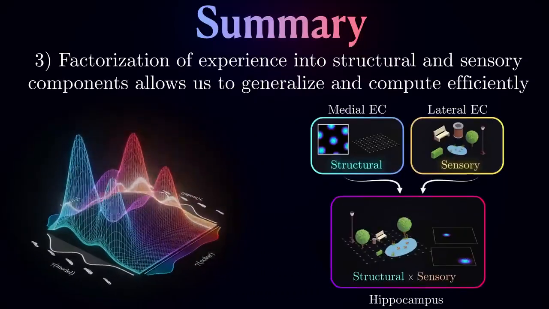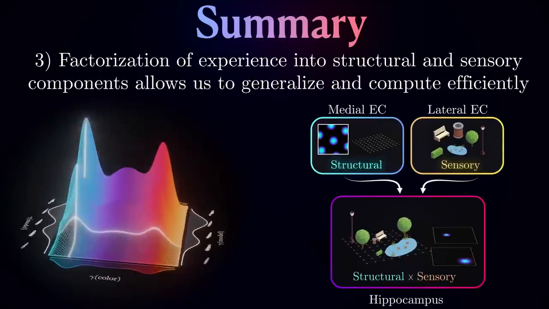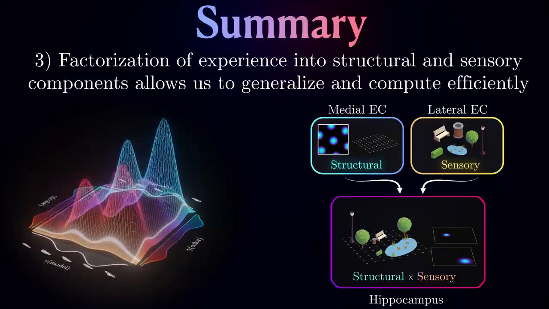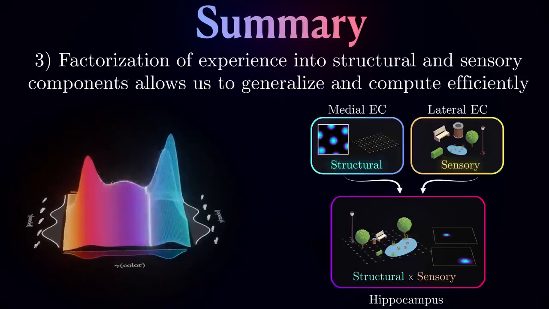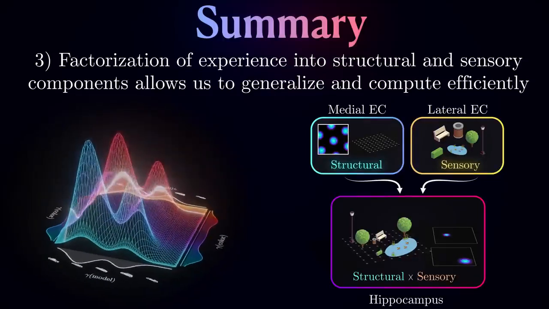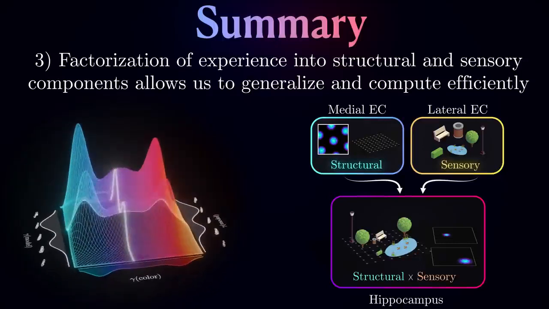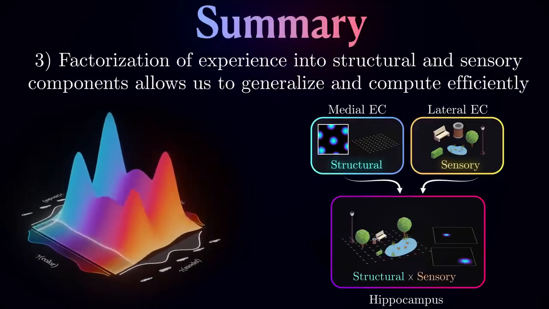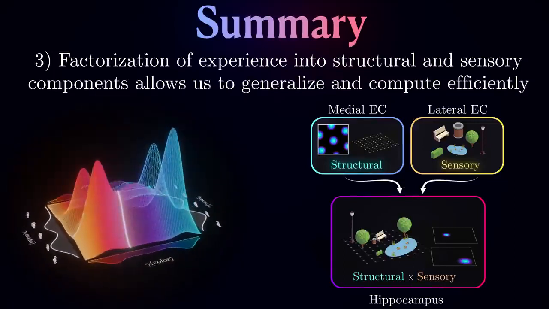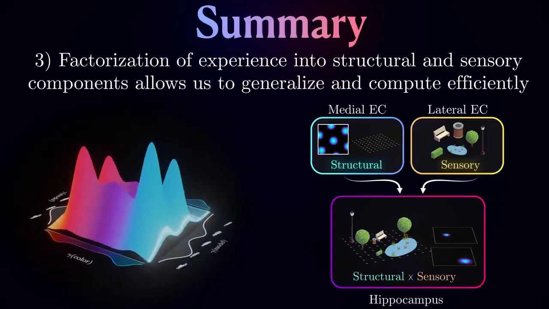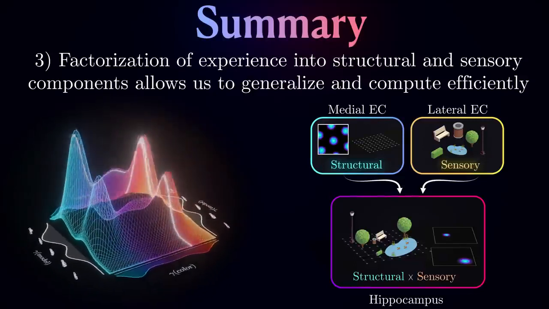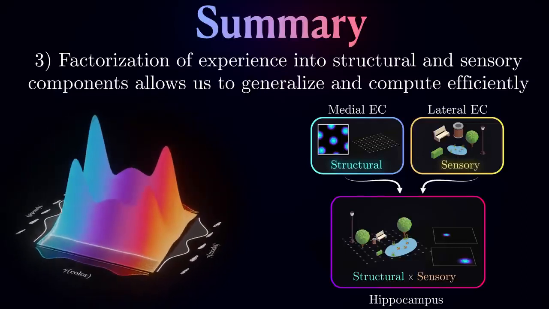Evidence for such factorized representations can be found in the entorhinal cortex, whose medial and lateral parts provide the hippocampus with the two separate streams of information, while the hippocampus then generates a unified, conjoint representation, embedding the structure into sensory context in order to solve particular behavioral tasks, from running in mazes and pressing sound frequency levers to cooking a lasagna in your friend's kitchen.